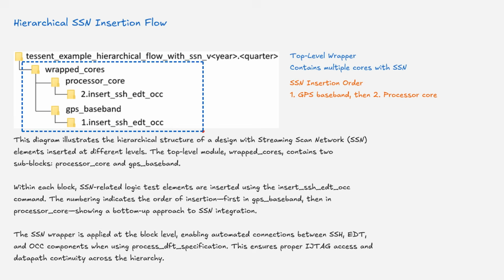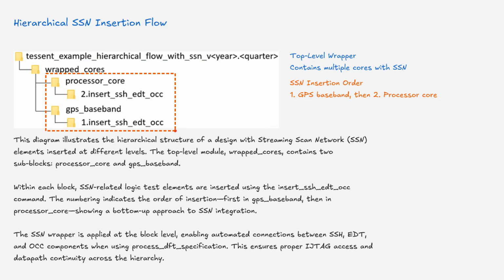This diagram illustrates the hierarchical structure of a design with streaming scan network, SSN, elements inserted at different levels. The top-level module, wrapped cores, contains two subblocks, processor core and GPS baseband. Within each block, SSN-related logic test elements are inserted using the insert SSH EDT OCC command.